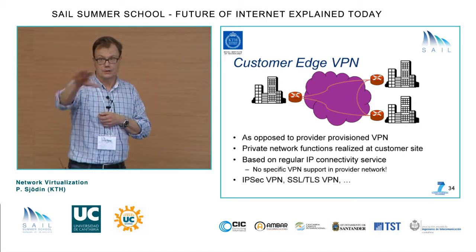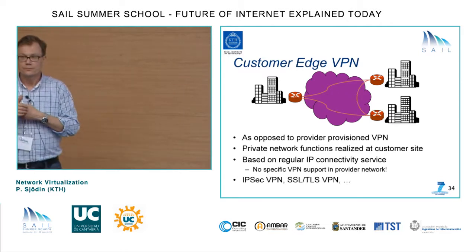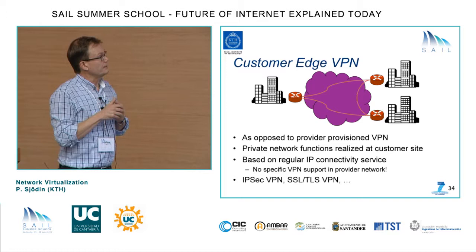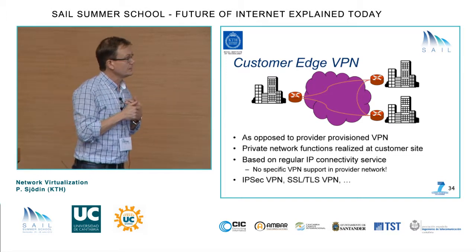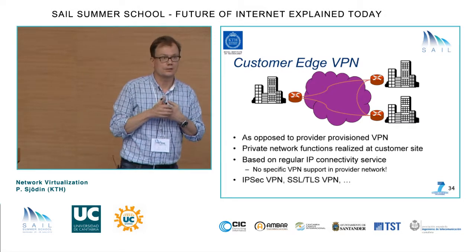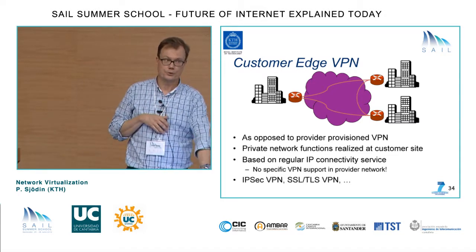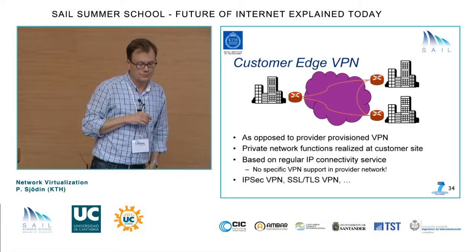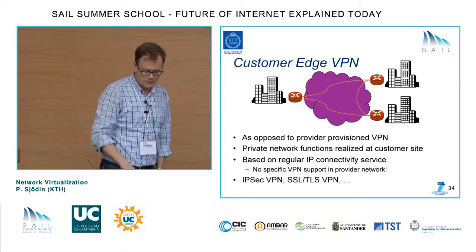Create a VPN between all our computers in here, for instance, using pretty much the same kind of ideas, where we set up tunnels across the provider networks. The difference is only that the tunnel endpoints are in our computers. It's not in the routers that are sitting around in the system. The tunnels are ending in our computers.